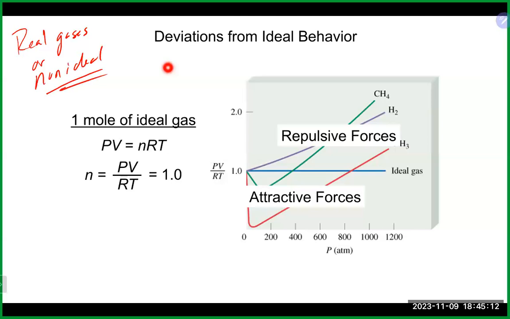When we do start to deviate from ideal situations, we actually have to take into account those two things from the kinetic molecular theory of gases that we sort of ignore: the actual volume of the gas molecules themselves, and the attraction and repulsion forces between different gas molecules. Under these really non-ideal situations, we have to take both of those things into account.